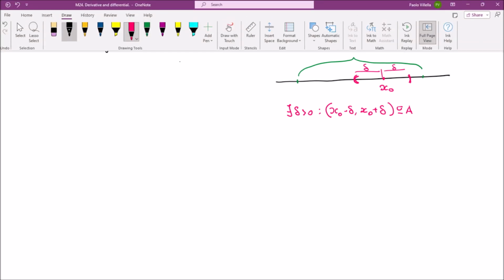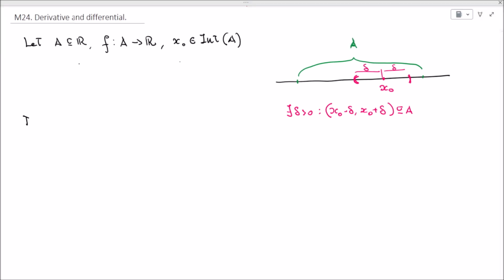Now the first definition that we give is the definition of difference quotient.